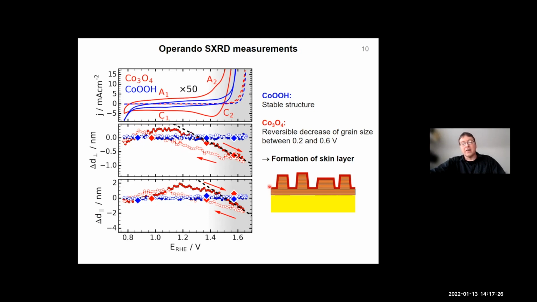We interpret this type of result as similar to Bergmann, as a formation of a skin layer in which the Co3O4 crystalline structure is converted into some other structure. We cannot find any other Bragg peaks or diffraction intensity, so we attribute this to some either rather amorphous or nanocrystalline type of structure.